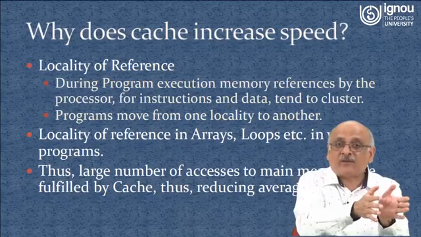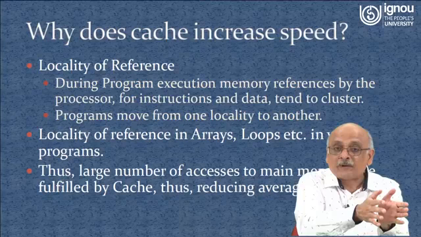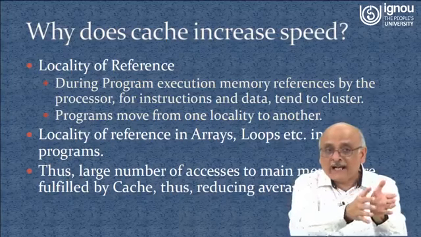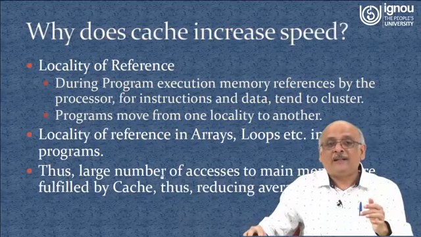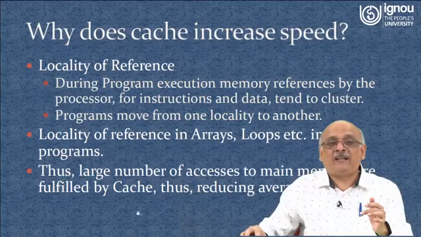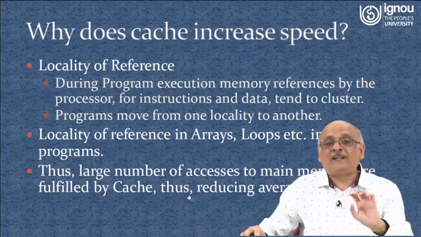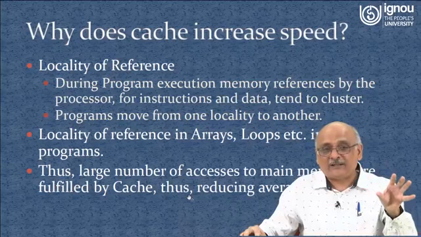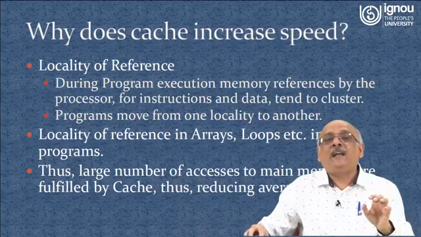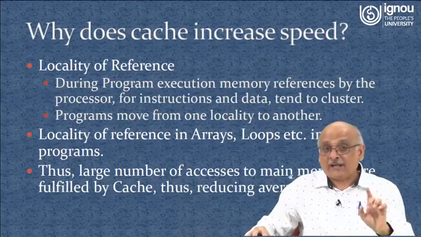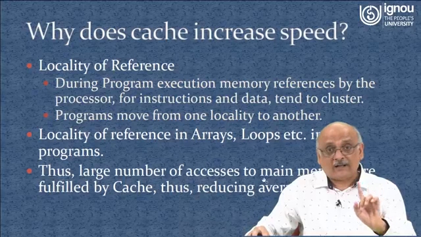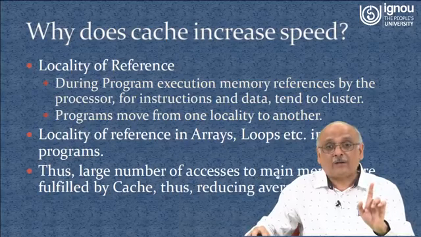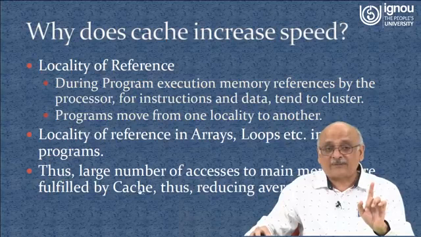If we do that, the large number of accesses to main memory are then fulfilled by the cache because we have transferred it into the cache, thus reducing average access time. Not 100%, remember this, not 100% of accesses can be from the cache memory.